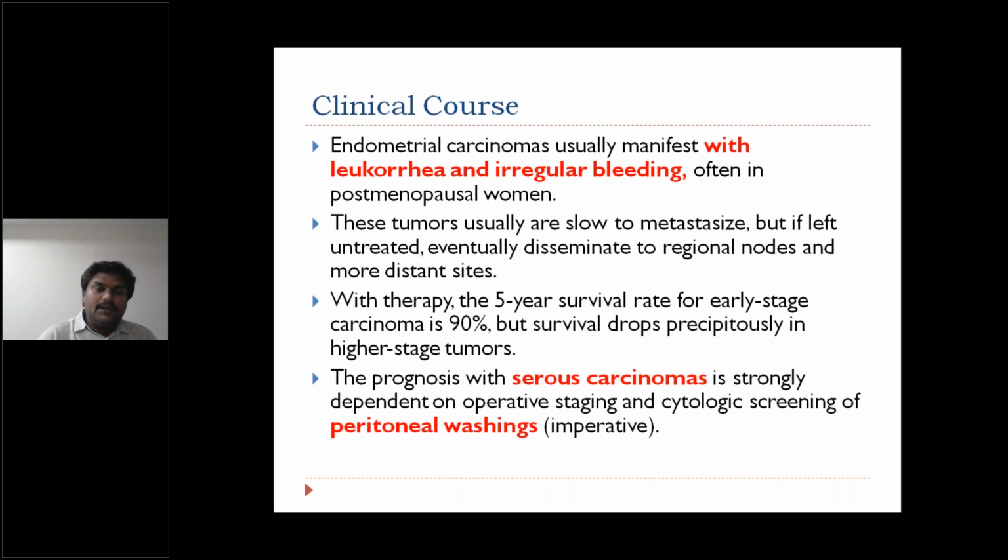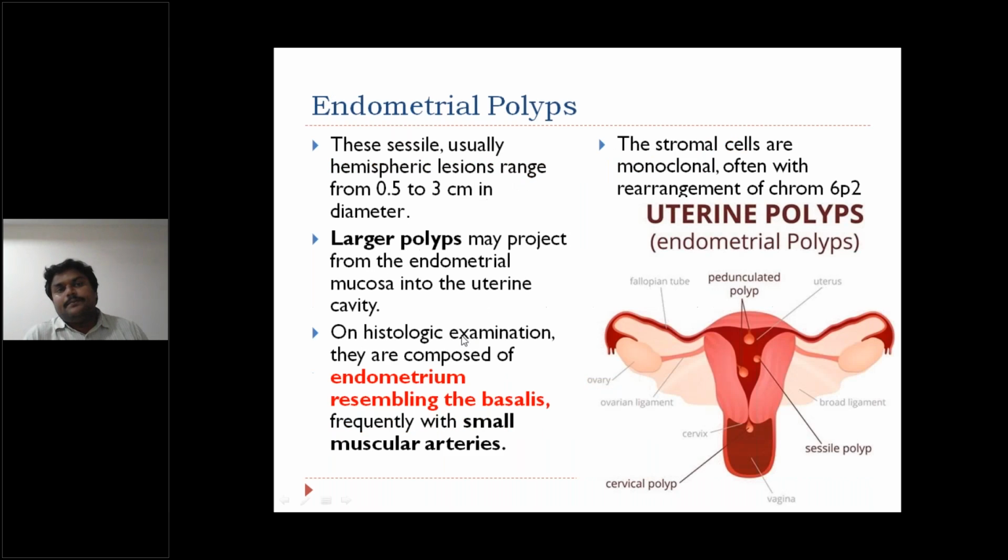It's very, very, very important. If there is tumor within the peritoneal washings, the prognosis will be very bad. Actually, it will become a stage 4 disease. So this is what I want to stress. Tomorrow, some of you may become good surgeons or oncosurgeons, so you should not forget this point.